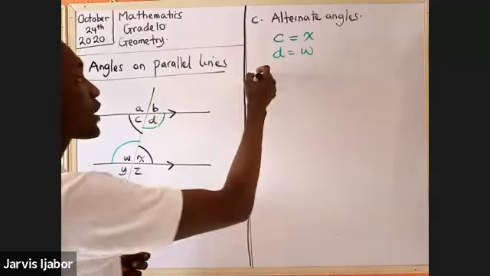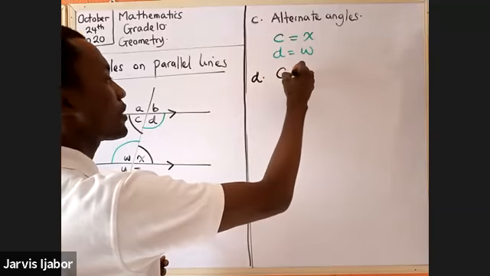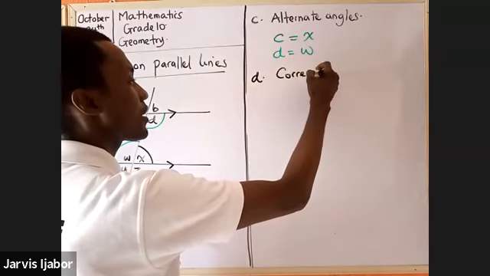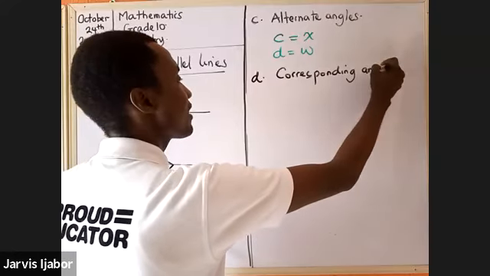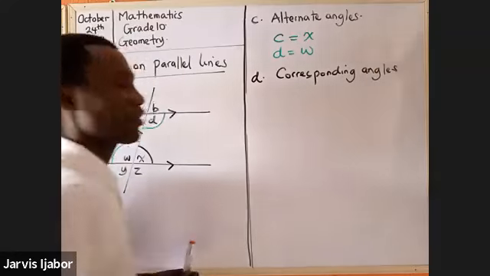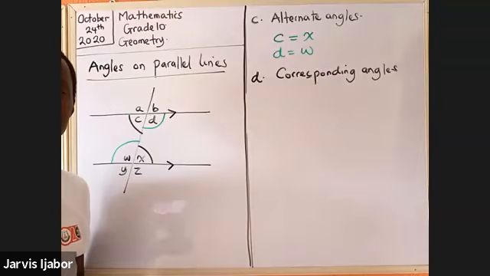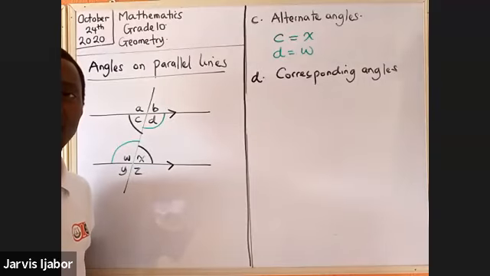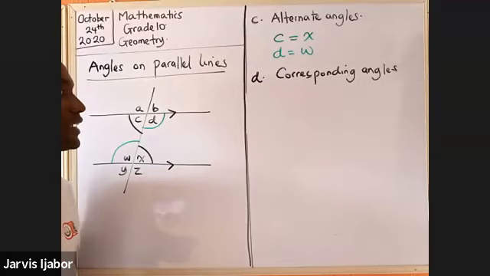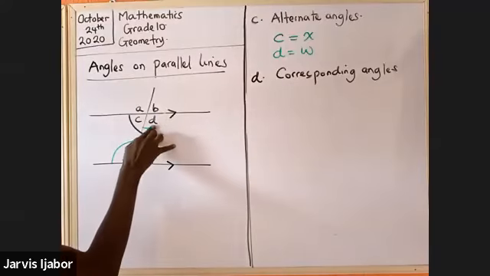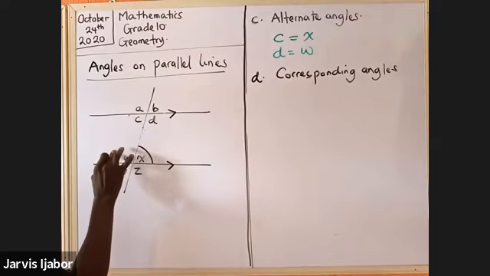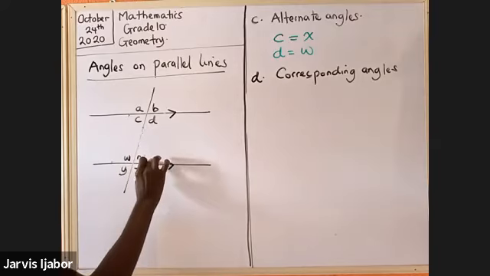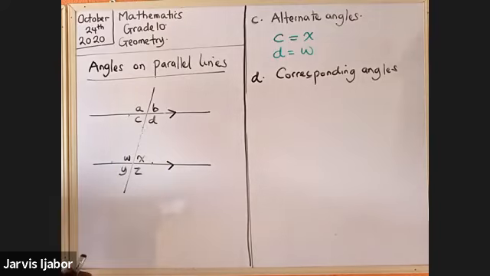So the next one we have is what is called corresponding. Corresponding will suggest same side. So the nugget to remember for corresponding is same side. Let's see how that plays out here. Corresponding is always on the same side.